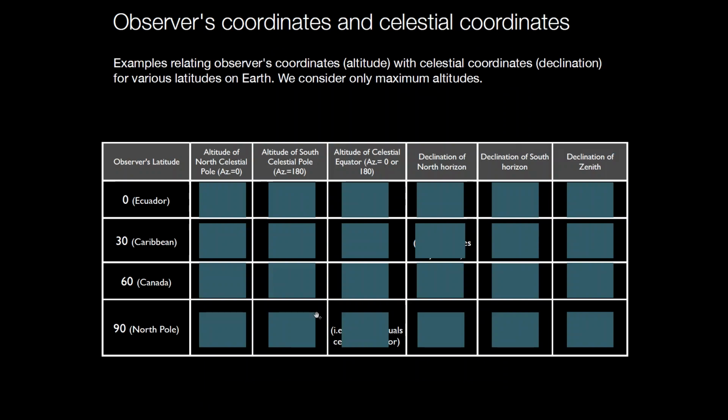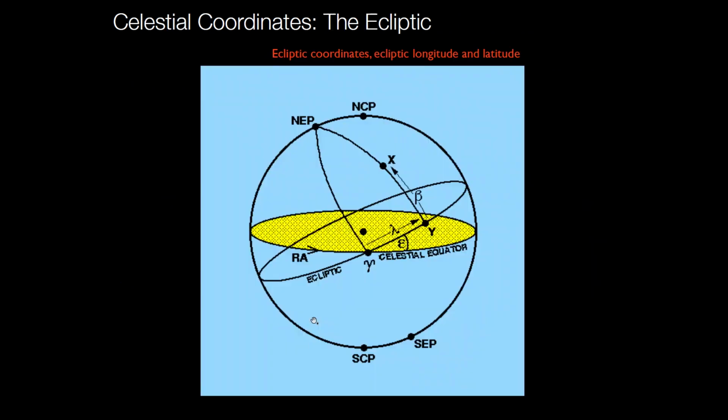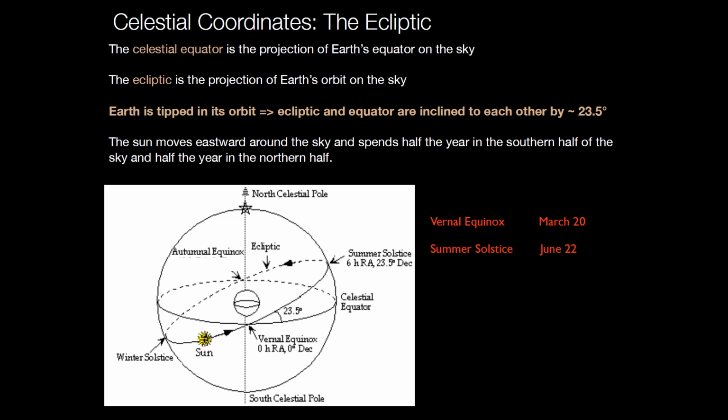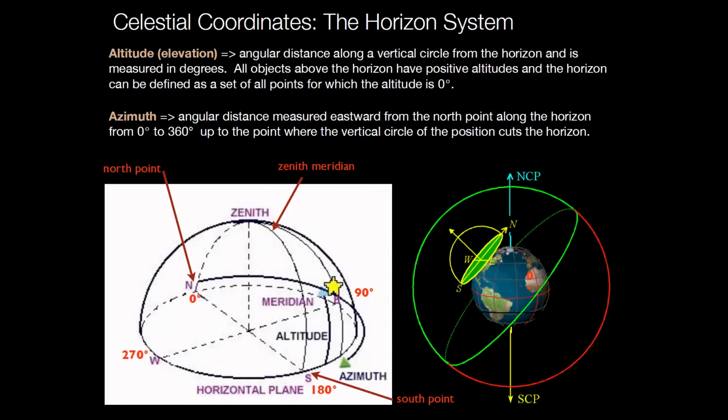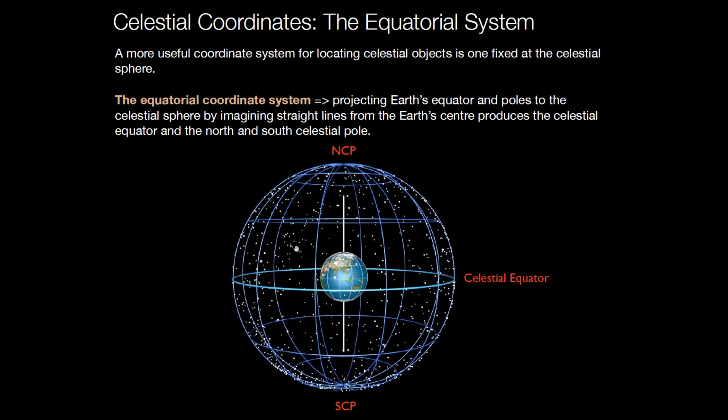Okay, so having said all of this about coordinate systems, what's the summary of the situation? Well, I've introduced three coordinate systems now. I've talked about the celestial coordinate system, the equatorial system, which has the north celestial pole and the equator.